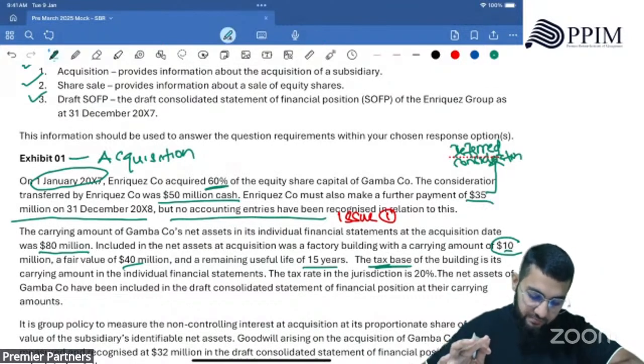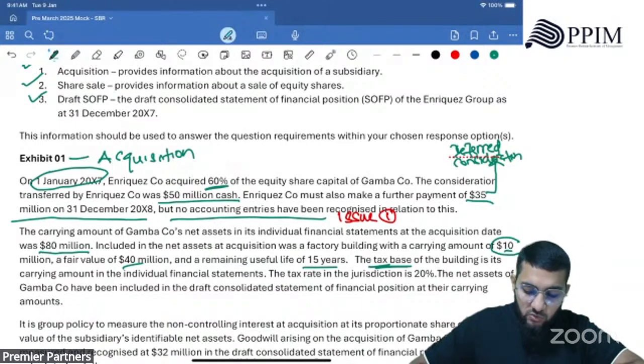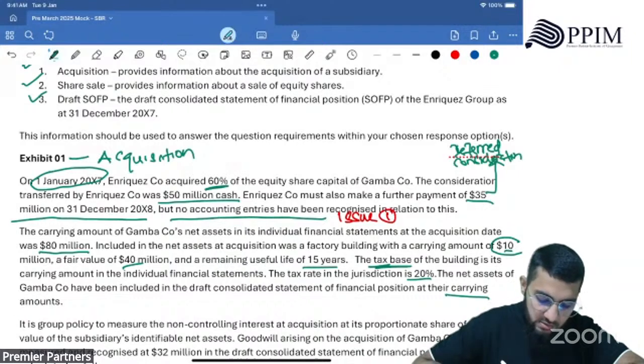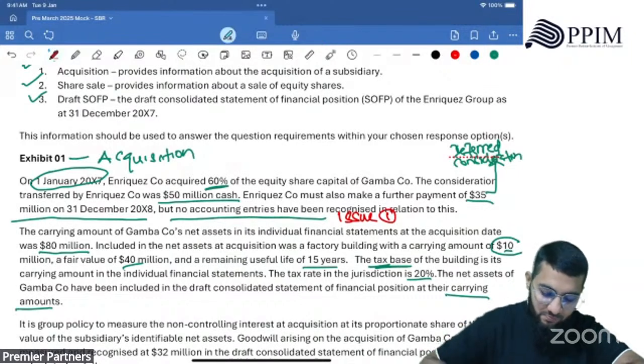All right. Okay. The tax rate in the jurisdiction is 20%. Key information. The net assets of Gamba Co. have been included in the draft consolidated statement of financial position, meaning your Exhibit 3, where they've given the draft statement of financial position, at their carrying amounts. Issue number 2. What does IFRS 3 business combination say?